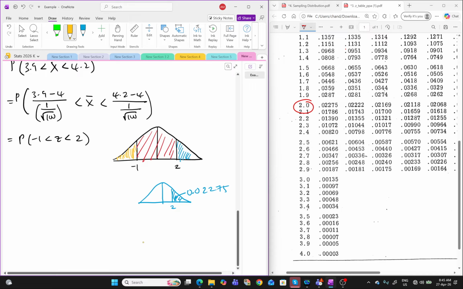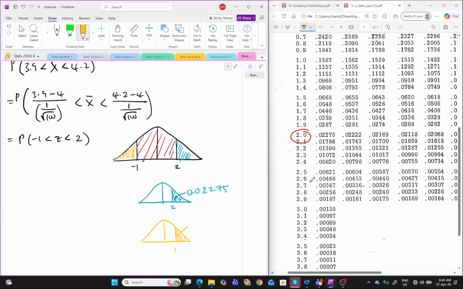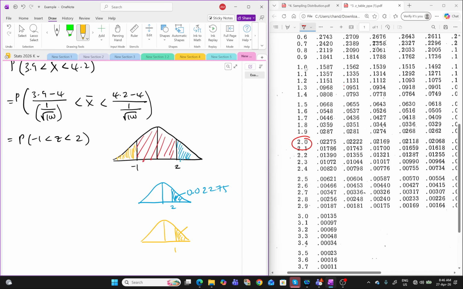For the yellow color region, if you switch to the positive side, this one becomes 1. This will become, where is it? Here. Zero point 1587.